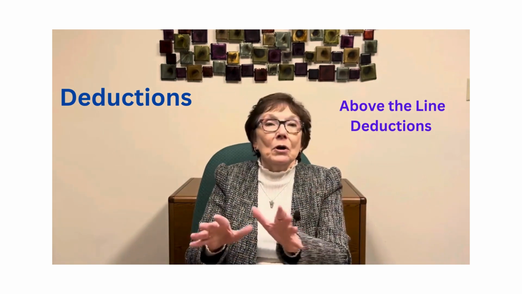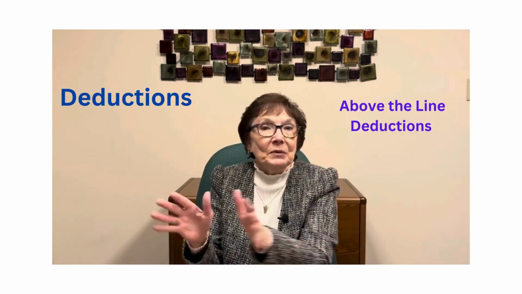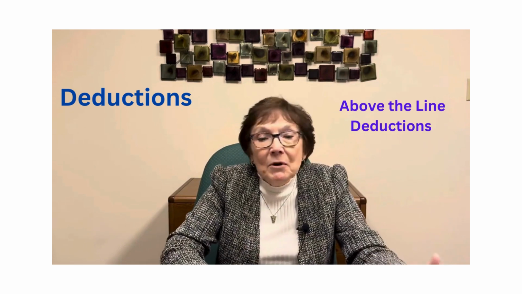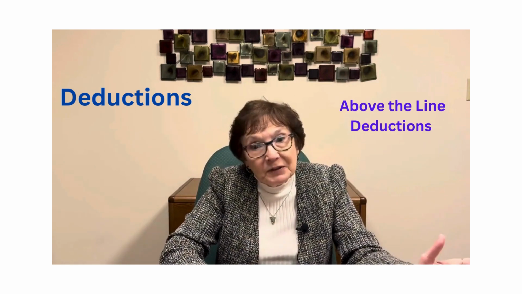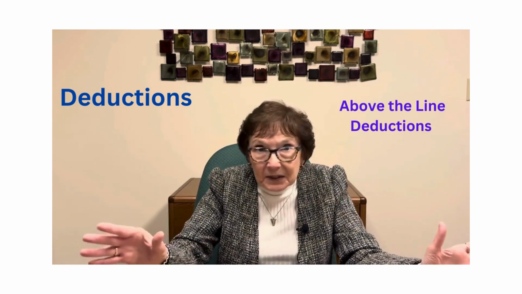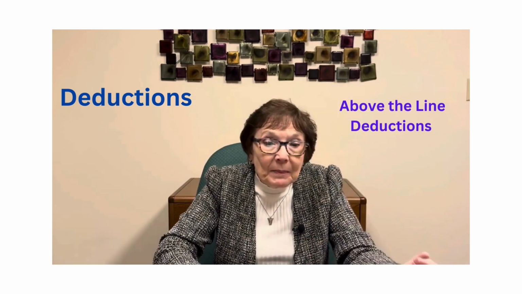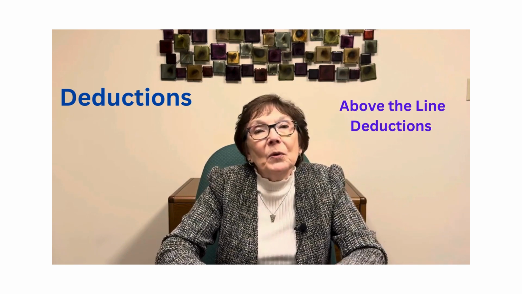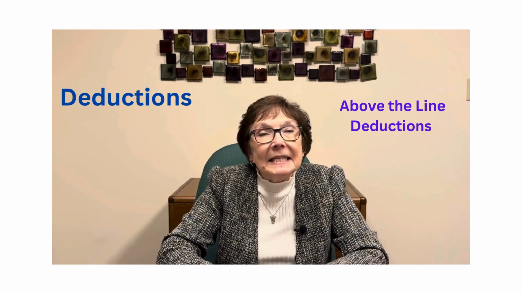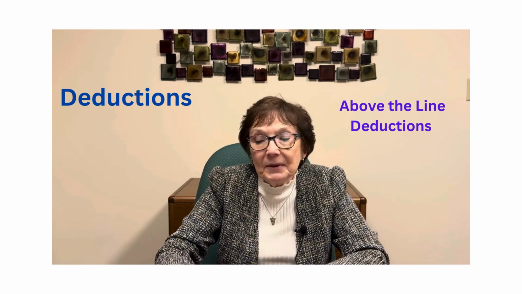Now, these are traditional contributions only, not Roth. Moving expenses for active duty military, they're the only guys that are allowed to take this deduction anymore. And alimony payments for people who have a pre-2019 divorce or separation agreement.